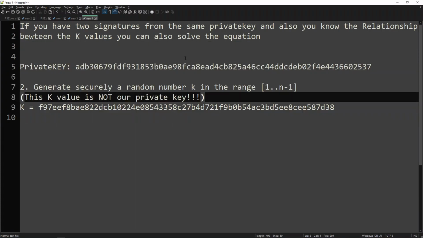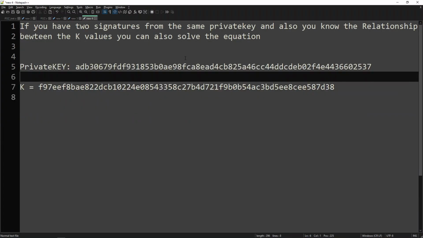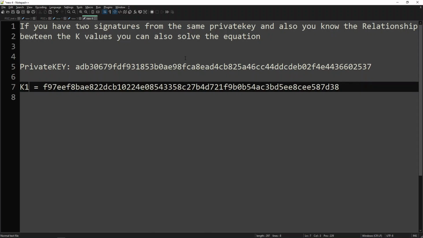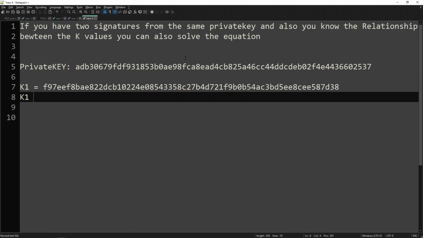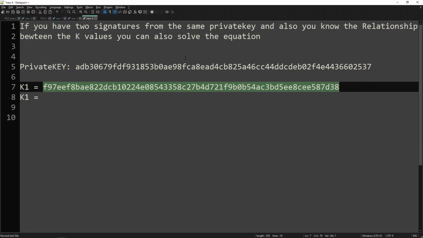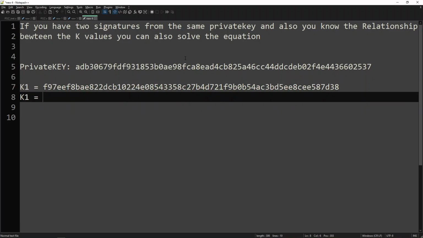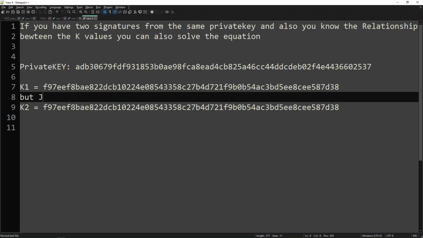Okay, let's do K1 is this value, but K2 is K1 plus 1 or some other constant.